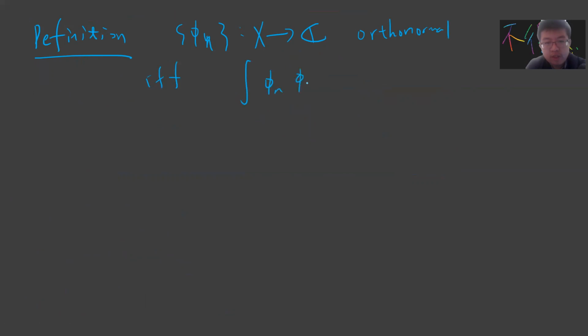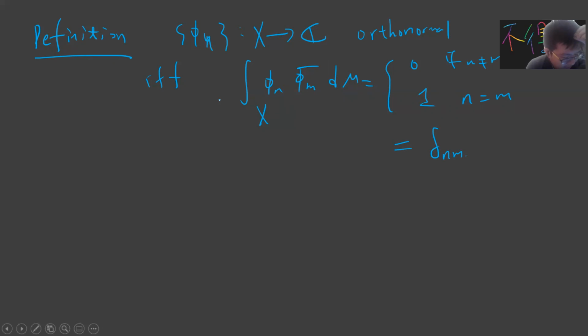the integral of phi n times phi m bar d mu x is 0 if n is not the same as m, and 1 if n equals m. Okay, so this is called orthonormal if all the phi are measurable. So you can define this. And obviously phi n belongs to L squared.